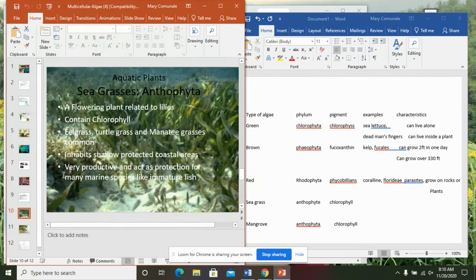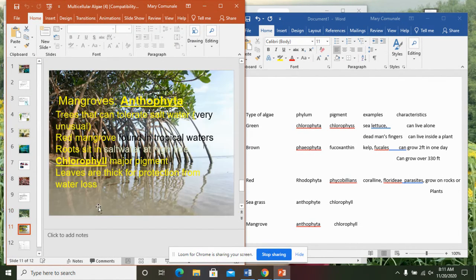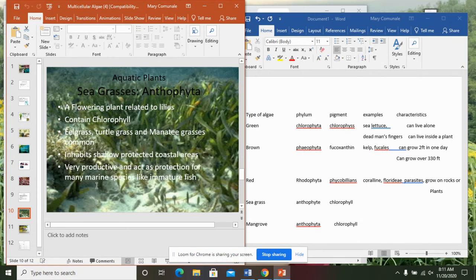For examples, you can find those: eelgrass, turtle grass, manatee grass, and there's red mangroves, and there's also black mangroves. And then for facts, for the mangroves, they can tolerate salt water. And you can also look up that they have really thick leaves here. And for the grasses, you could say that they protect baby fish and that they live in very shallow areas.